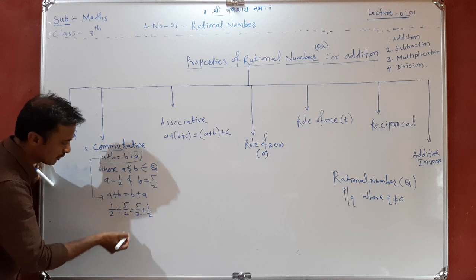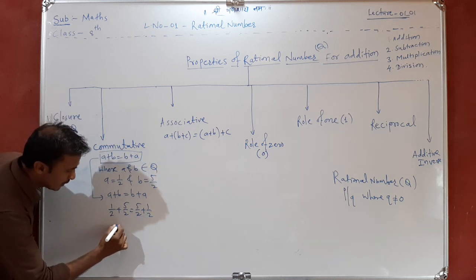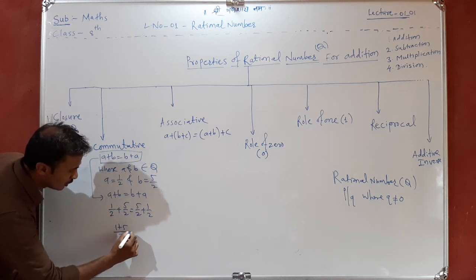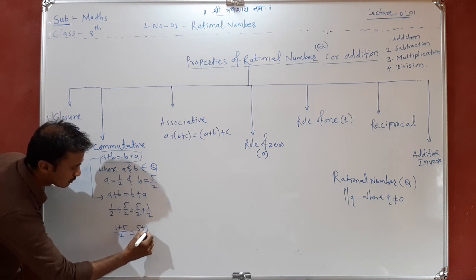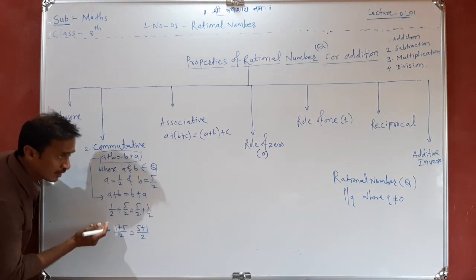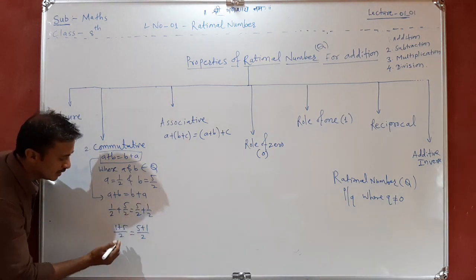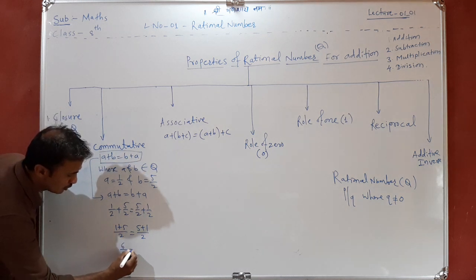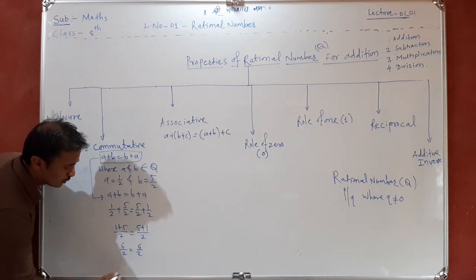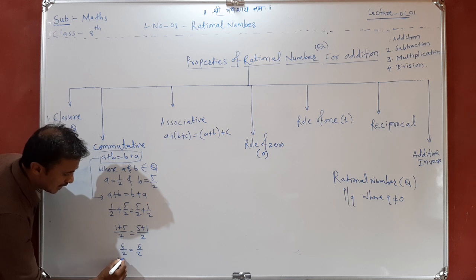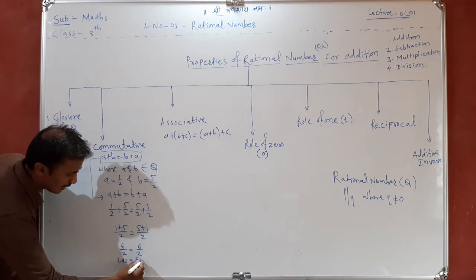Now let us perform the addition. 1 + 5 upon 2 is equal to 5 + 1 upon 2. Because the denominators are equal, 6/2 = 6/2, so we can say that LHS equals RHS.